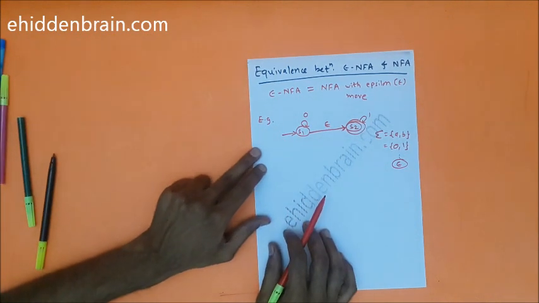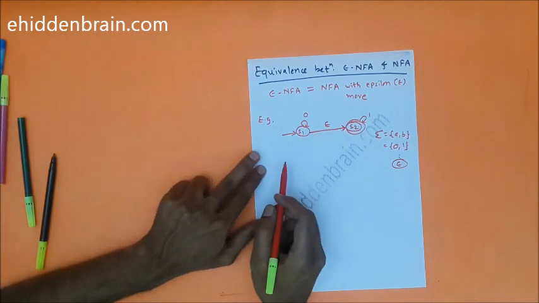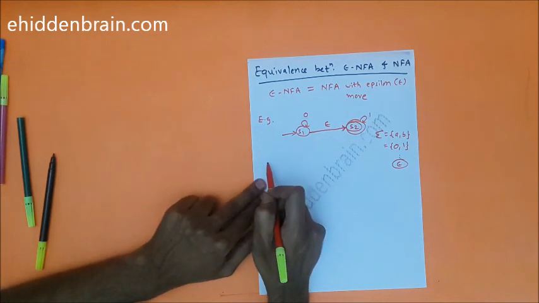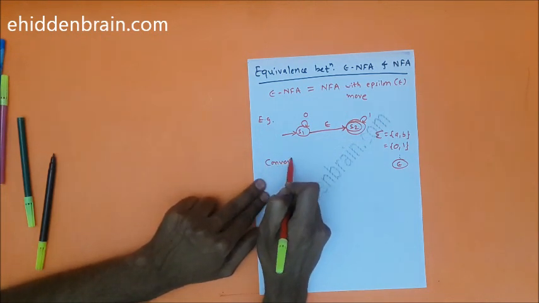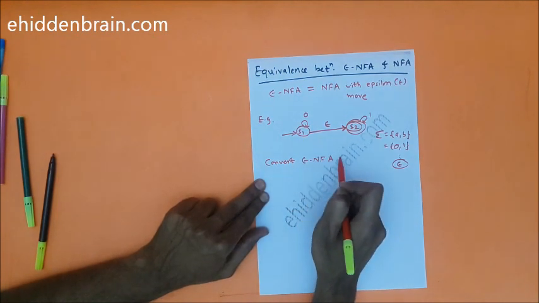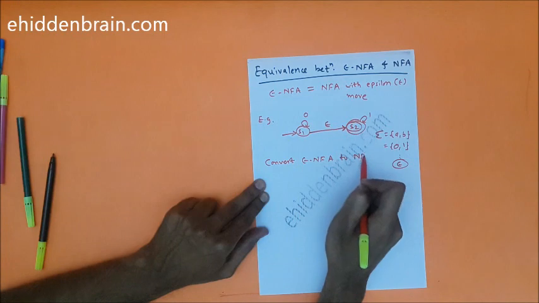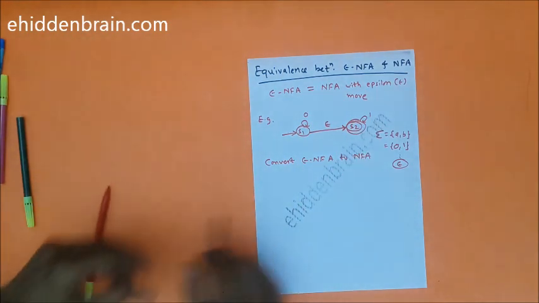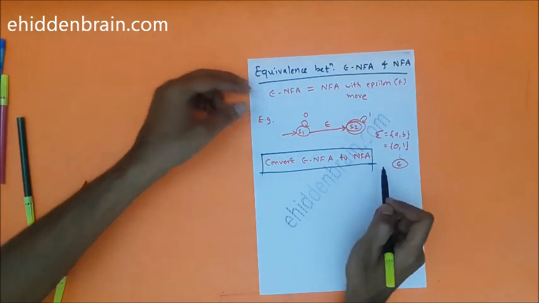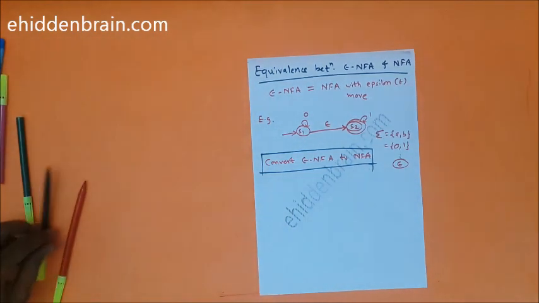Now we'll see the equivalence, which means we will see a question. This equivalence means converting epsilon-NFA to NFA. This is actually the theme of this topic. We will convert a given epsilon-NFA to an NFA.